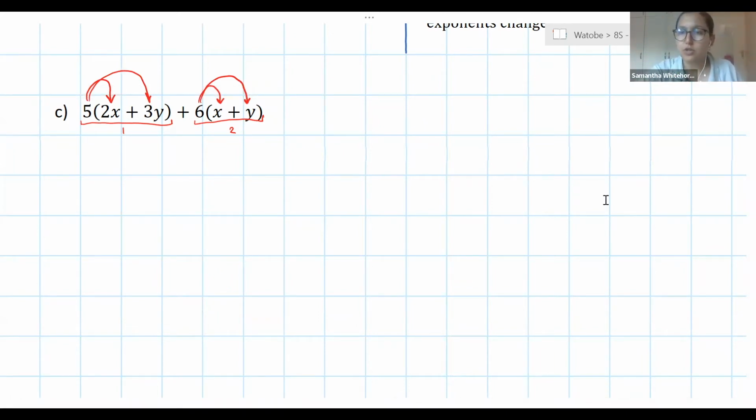So I want you to try this by yourself. I've given you a hint of where to start. Andrew's already on it, but give it a go. Do your distribution, collect your like terms, and then give me a final answer. If you want to explain it, you can raise your hand, but give example C a try for me.